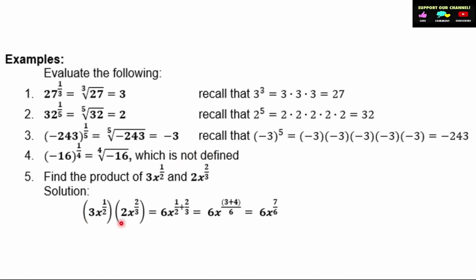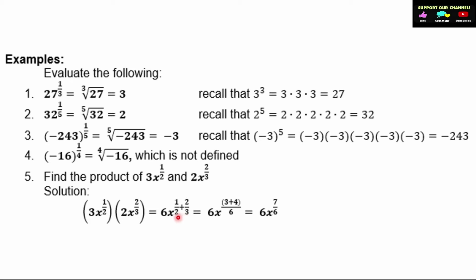Okay, solution. Since it is multiplication, we multiply 3 times 2, that is 6. Then x and x, copy it, then add their exponents, which are 1/2 and 2/3. So 1/2 plus 2/3, copy the 6x. Remember, you cannot add fractions unless they have the same denominator.